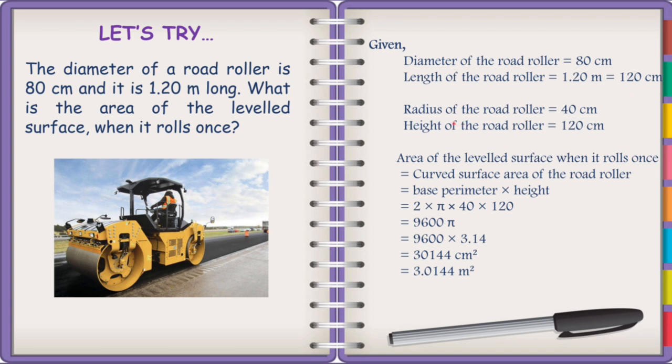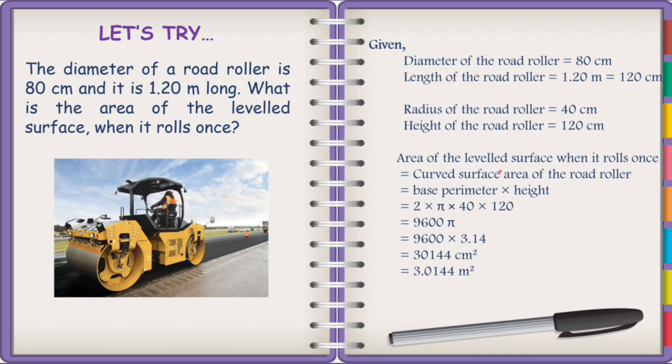Here, the radius of the road roller is equal to diameter divided by 2, which is equal to 80 divided by 2, that is 40 centimeter. Height of the road roller is equal to the length of the road roller, which is equal to 120 centimeter.